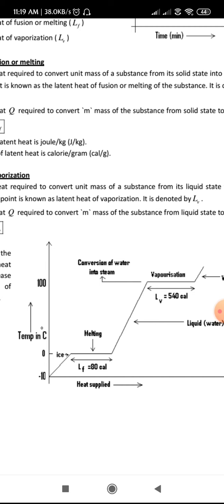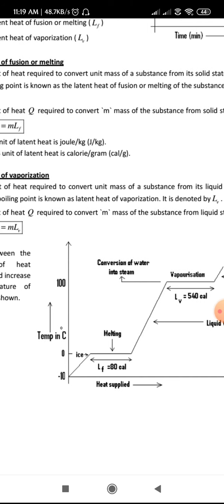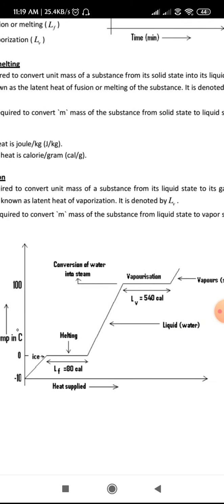It is minus 10 degrees Celsius. When you keep on supplying the heat, what happens to the temperature of the ice? It changes from minus 10 degrees Celsius to 0 degrees Celsius. First the temperature changes from minus 10 degrees Celsius to 0 degrees Celsius.